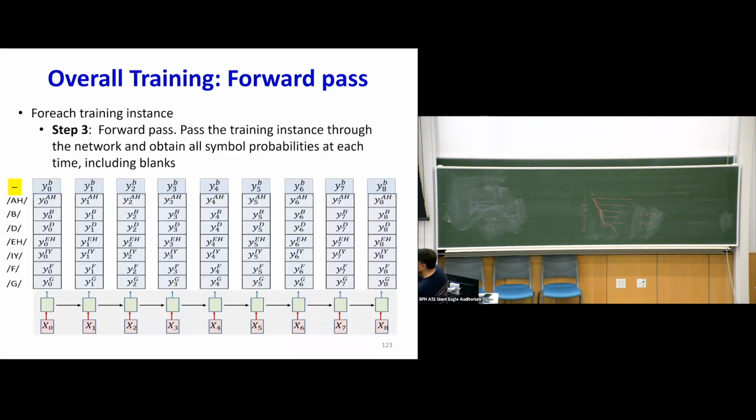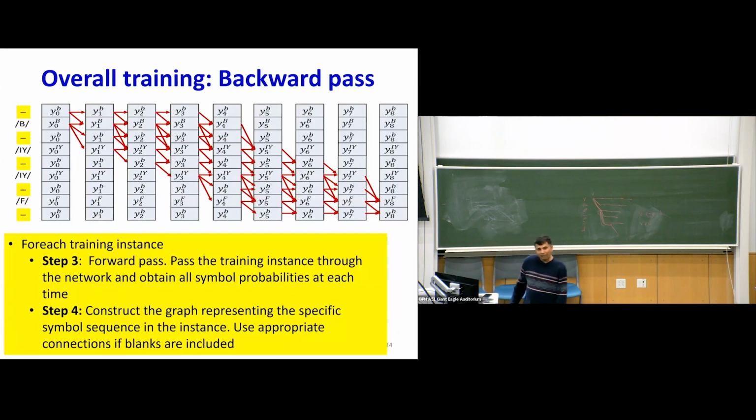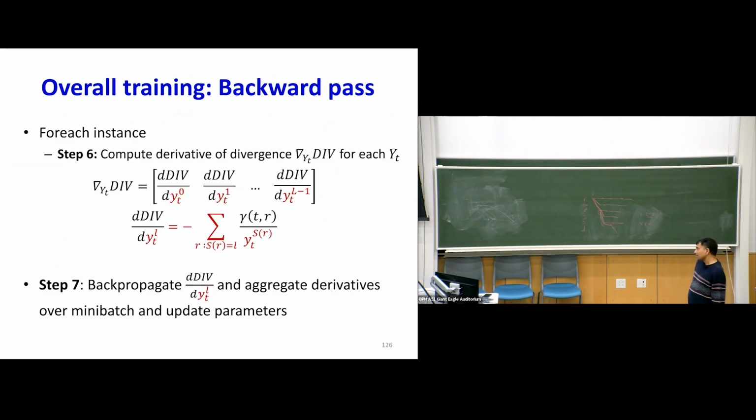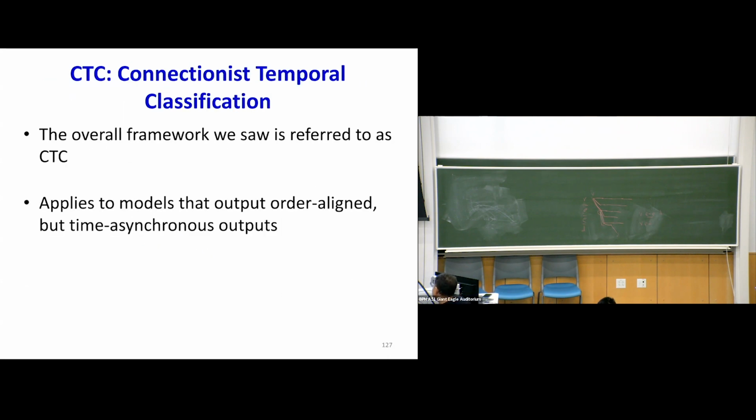And then you're going to compute this probability table, compose the graph, perform the forward and the backward computations. From these, you would compute the gammas, obtain the derivatives, compute the derivative of the divergence with respect to the probability vector output at each time, and these can be used in backpropagation. Fairly straightforward, okay? Nothing particularly complicated.